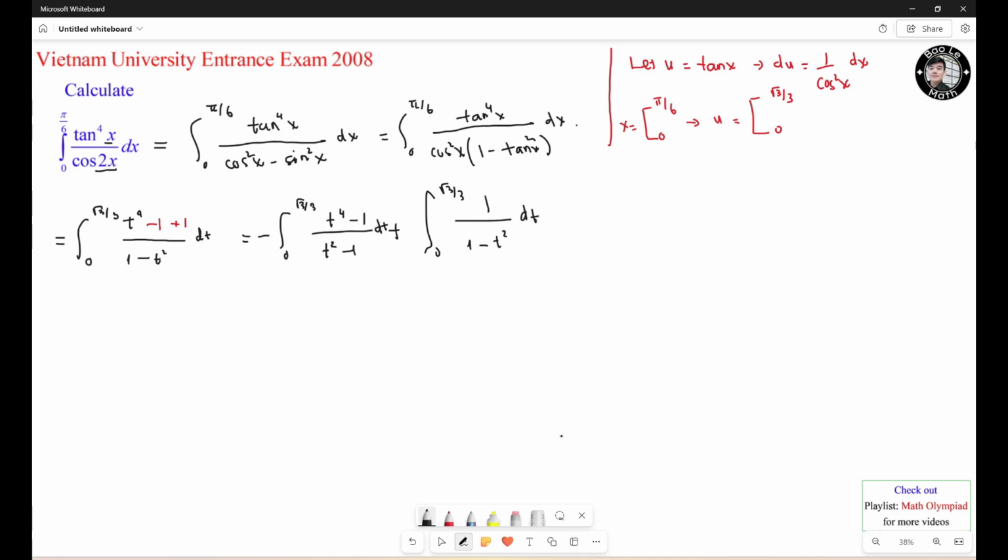Now we're going to apply the formula, the difference of two squares: a squared minus b squared is a minus b times a plus b. Apply this formula for this guy. It turns out to be the integral from 0 to root 3 over 3. Don't forget the negative sign.